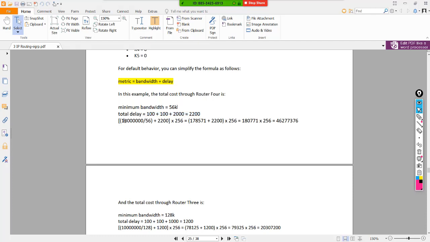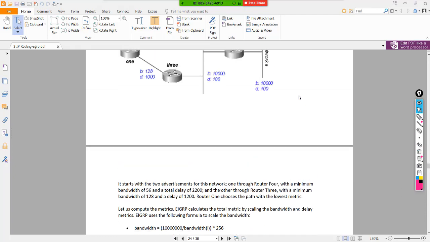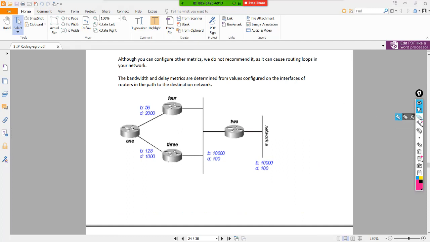And this is the whole calculation. As we know, it's bandwidth plus delay into 256, and I get this as the cost. So this is the cost for the first path, if I'm not wrong. This cost is something like 46 and some value.